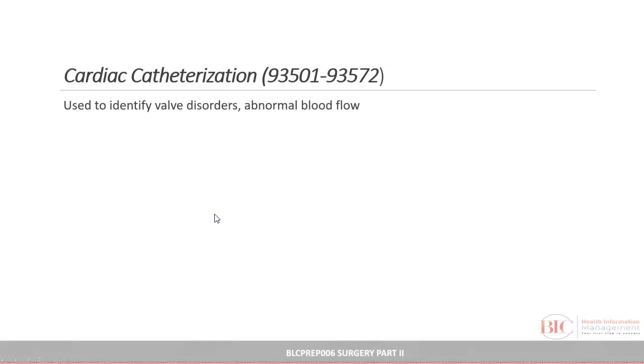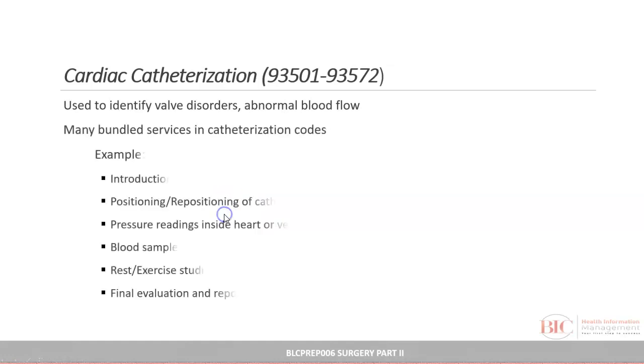Your cardiac catheterization codes are used to identify valve disorders or abnormal blood flow. Your range of codes here are 93501 to 93572. There are a lot of bundled services in these catheterization codes. So any introduction, positioning, repositioning of the catheter, pressure readings, blood samples, rest or exercise studies, and even the evaluation and report are all included with that code, and you would not code them separately.